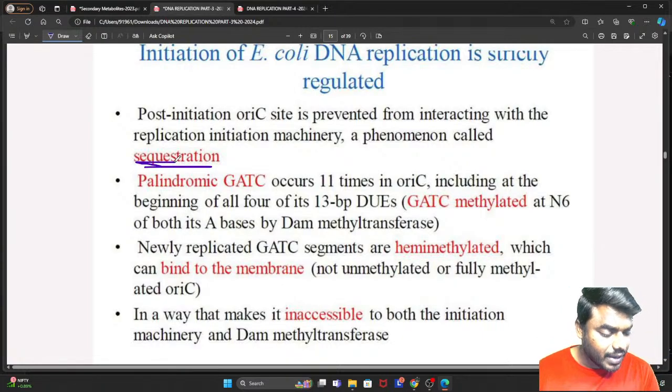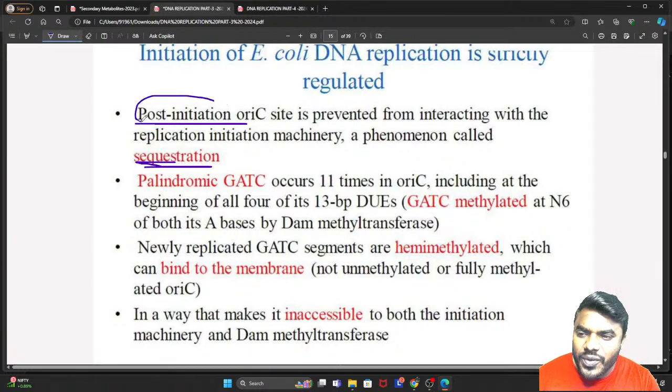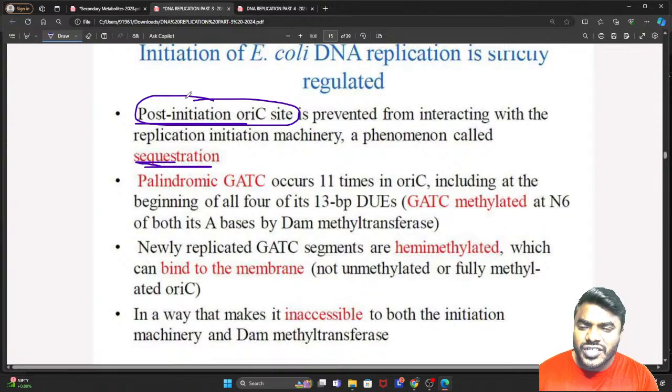It seems to be very easy but this regulation is a very confusing concept. Listen, correct. Post initiation ORC site. What is the meaning of post initiation ORC site? Post initiation means after the initiation.